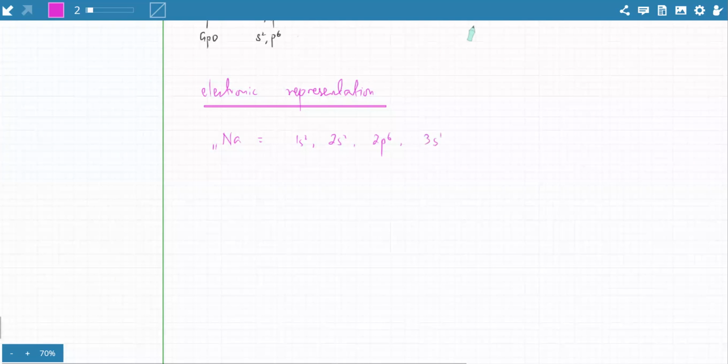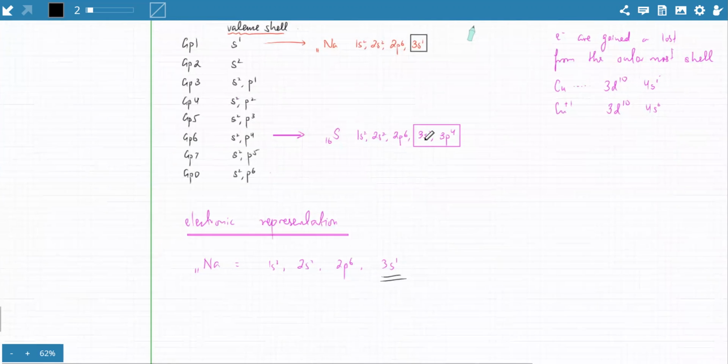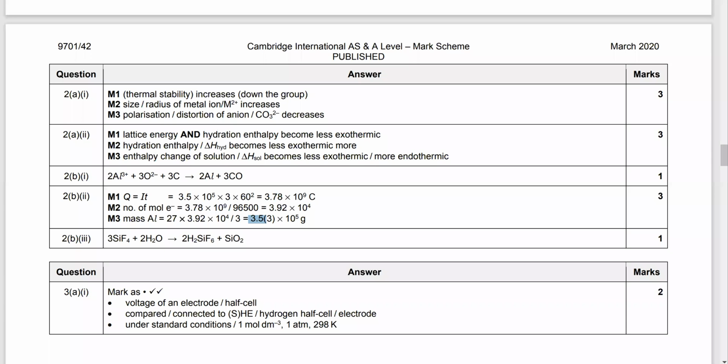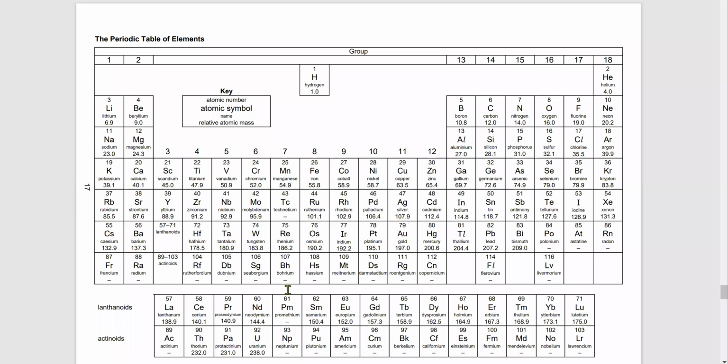Another way to write the electronic configuration is because you can directly figure out the outermost valence subshell. By looking at sodium, you can figure out that it's in the first group and in the third shell. It's in the third row, so that's the third shell, and it's in group one, so that's s1, so 3s1.